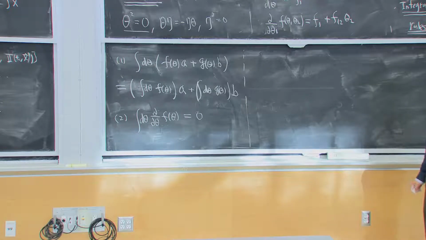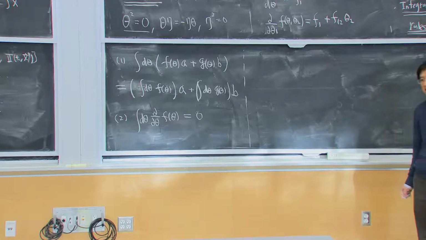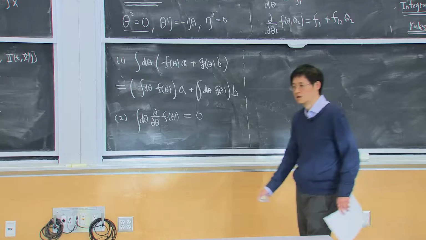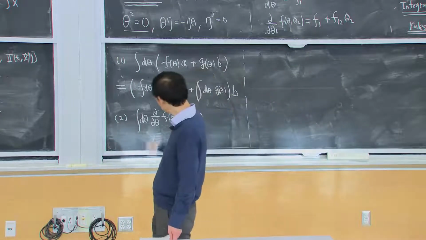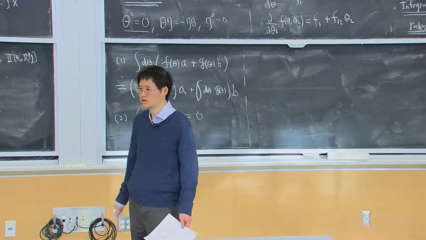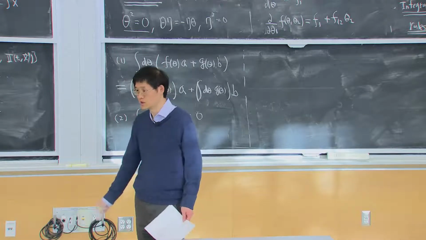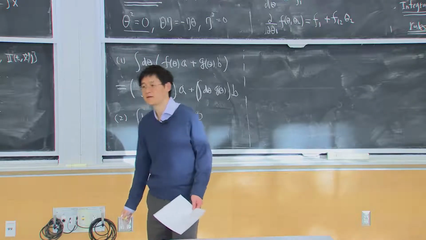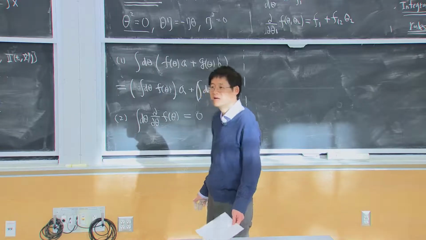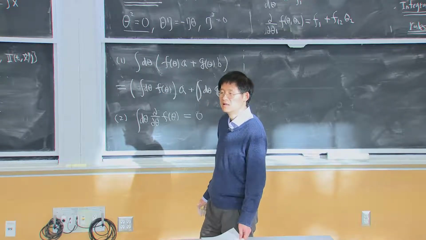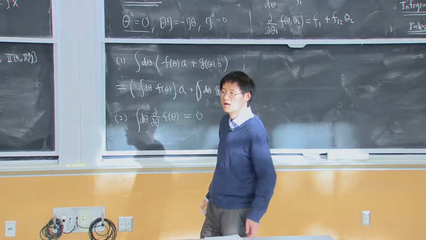Why should the total derivative be 0? Like in the normal situation, it's only 0 when the boundary vanishes. Here we don't have a boundary, because we don't know how to specify the boundary for theta, so we require it to be 0. How does this fix it up to a multiplicative constant?